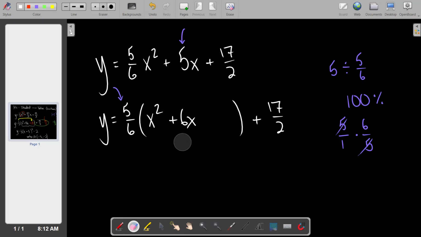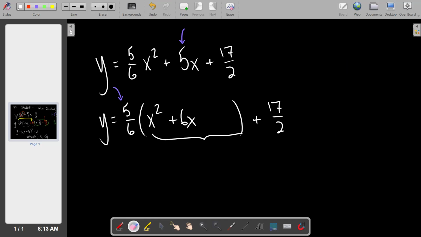And now it's time to complete the square. So this is my current objective. What is half of plus 6? Yeah. Square that mambo jambo. What do you get? So I'm going to add 9. A 9 that's not really a 9. It's some other number in nine's clothing.